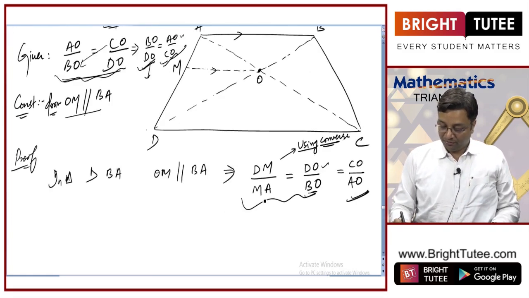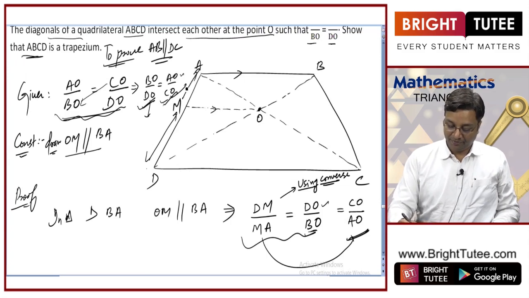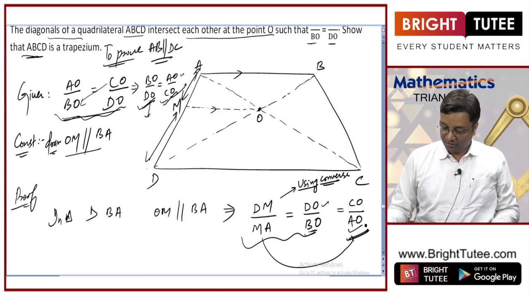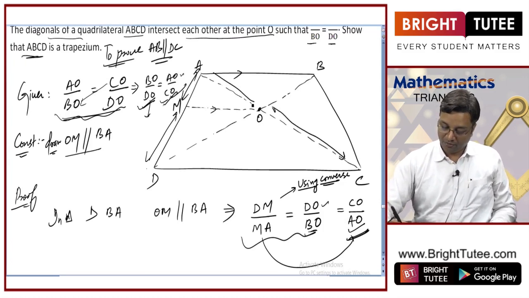Now, look at these two. DM by MA is equal to CO by AO.